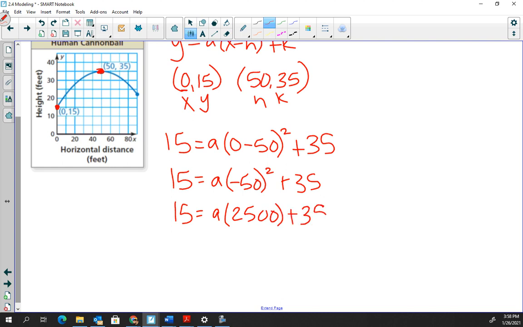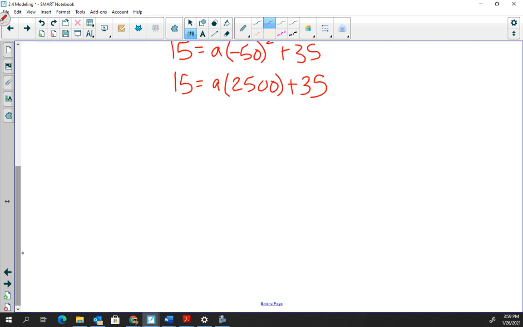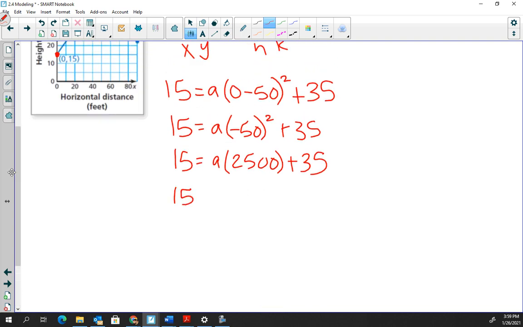And if you remember this from class this week, we can rewrite this a times 2500 term to make it a little bit more clean. I can write it as 2500a plus 35. That's totally fine. A times 2500 and 2500a mean the exact same thing.